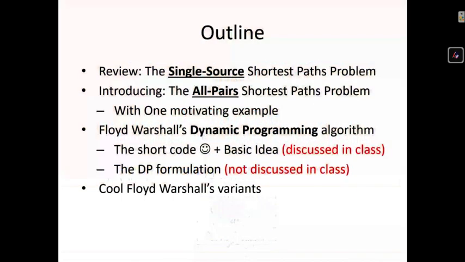Okay, let's start. It's an outline. We'll very quickly review single source shortest path, and then introduce the all-pair shortest path problem with one motivating example, and show the algorithm for solving it, which is Floyd-Warshall.